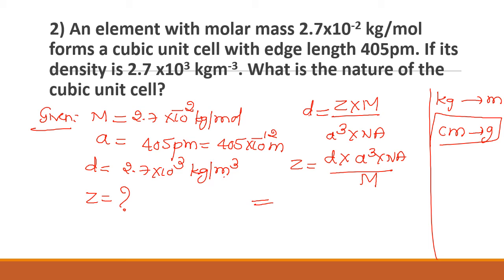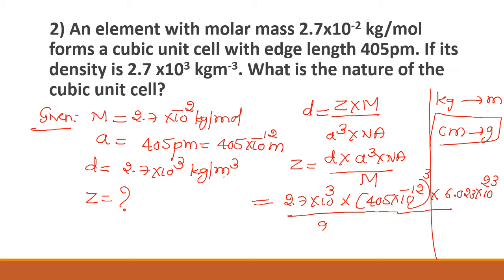So density 2.7 into 10 to the power plus 3, into A cube, 405 into 10 to the power minus 12 cubed, into Avogadro's value 10 to the power 23, divided by molar mass 2.7 into 10 to the power minus 2. 2.7 gets cancelled. So use your calculator, and whatever answer you get here, it is equal to 4. That means Z is equal to 4.